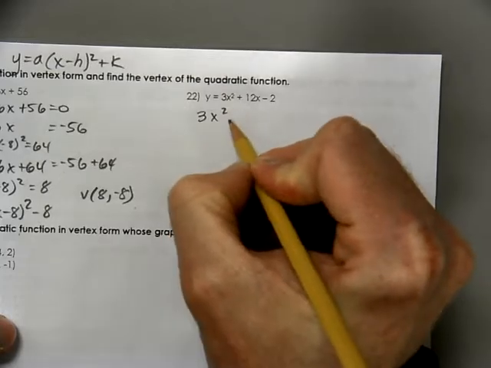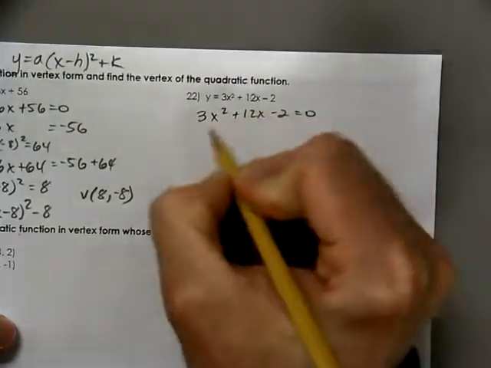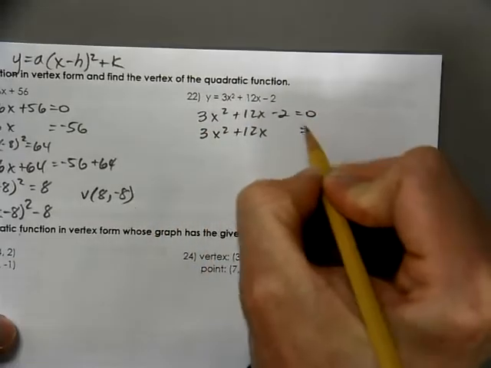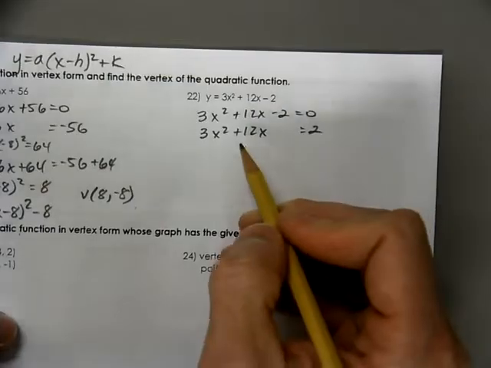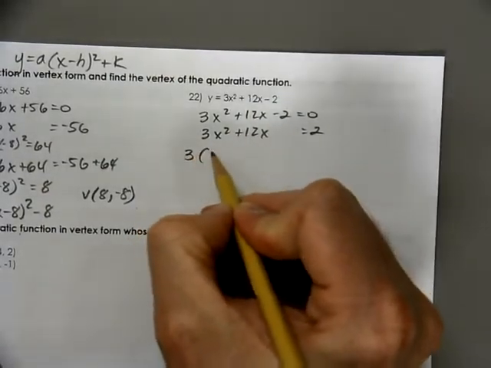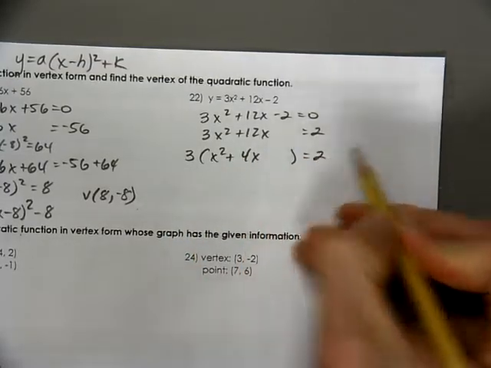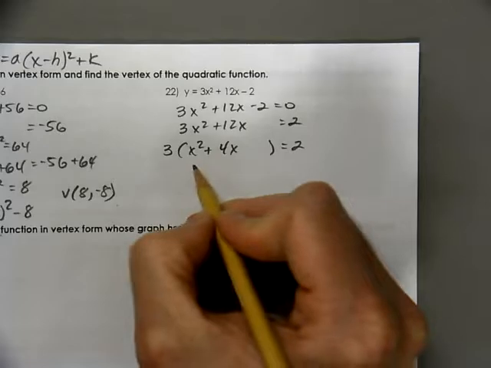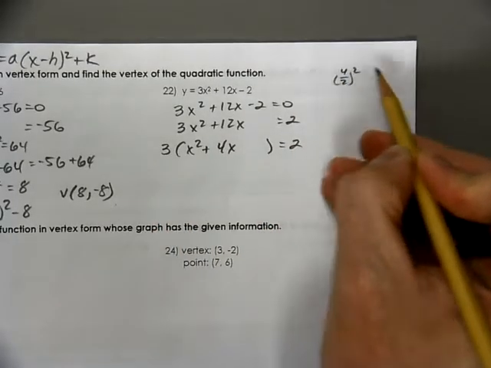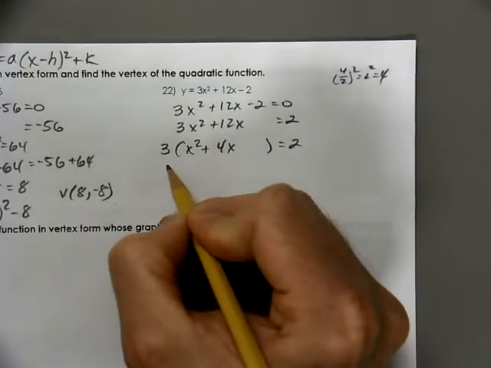Again, we start out with our equation equal to 0. Add your constant to the other side. In this case, we have a leading coefficient, so we're going to pull the 3 out. And we notice that we have our b value divided by 2 and square it, which is 2 squared, which is 4.